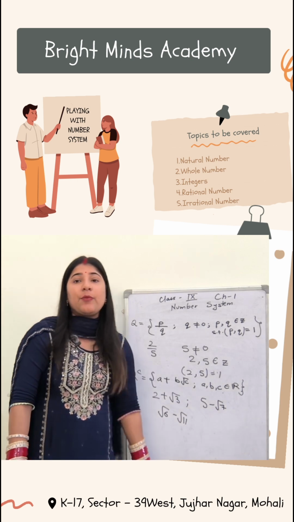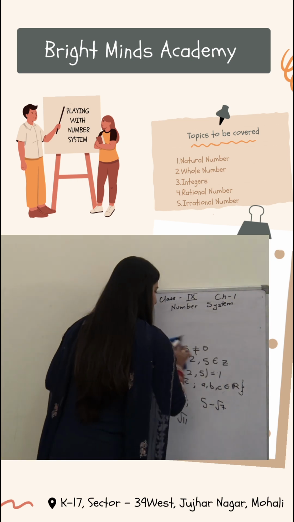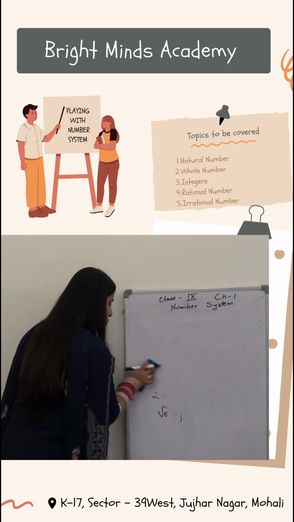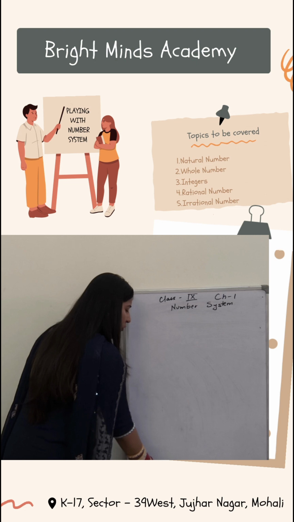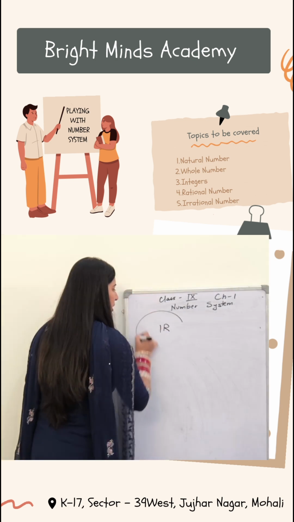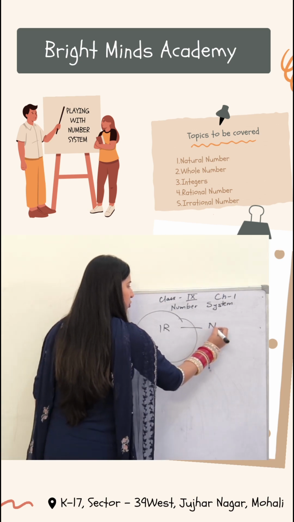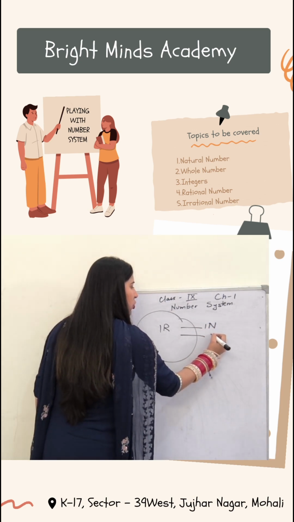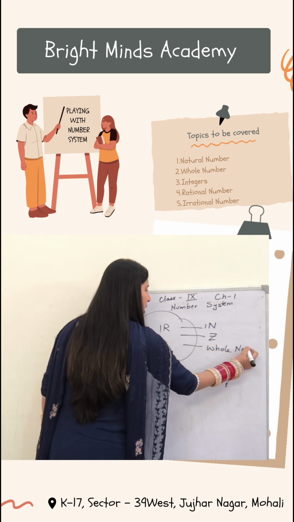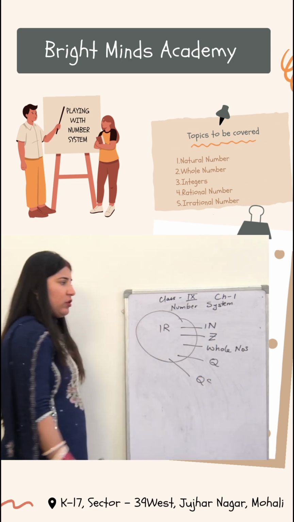Lastly, the number systems formed by the natural numbers, rationals, irrationals, integers, whole numbers, all fall in the category of real numbers. Basically, real numbers are that pool which contains your natural numbers, integers, whole numbers, rationals and irrationals.